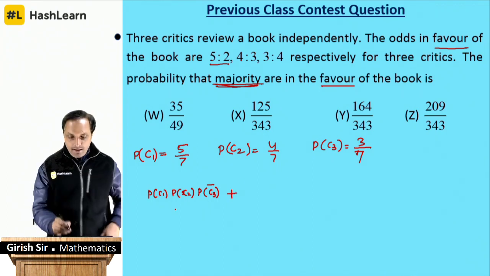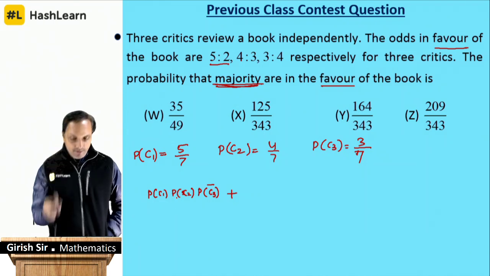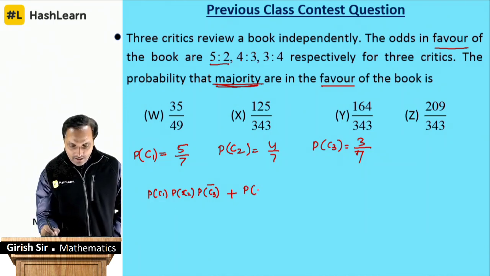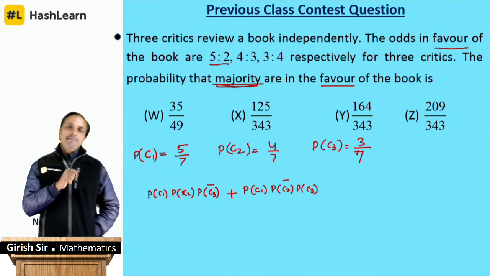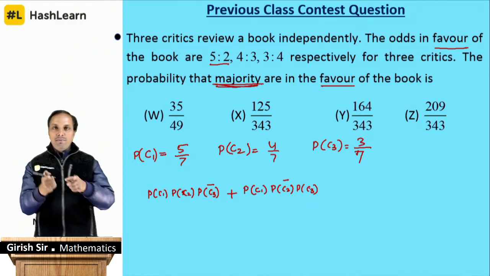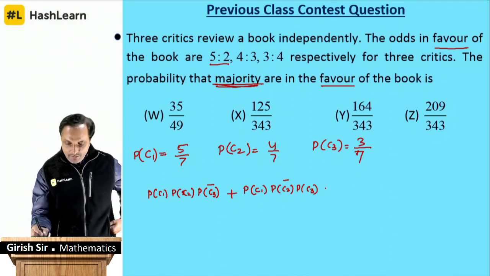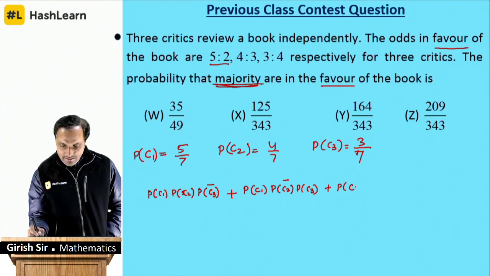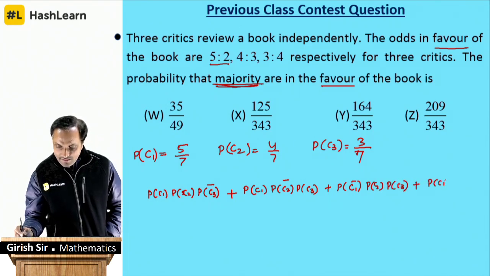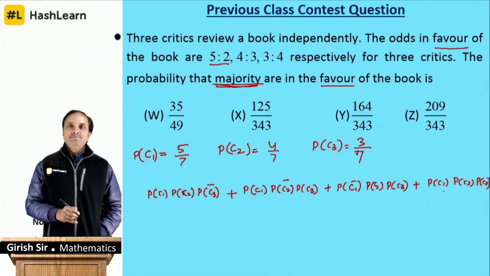Here there is a majority because C1 and C2, 2 are included. Next, probability of C1, probability of C2 bar, probability of C3. Here again there is a majority. Number 1 and number 3 are in favor, and the second one, the middle one, is not in favor. So probability of C1 bar, probability of C2, probability of C3, and probability of C1, probability of C2, probability of C3.